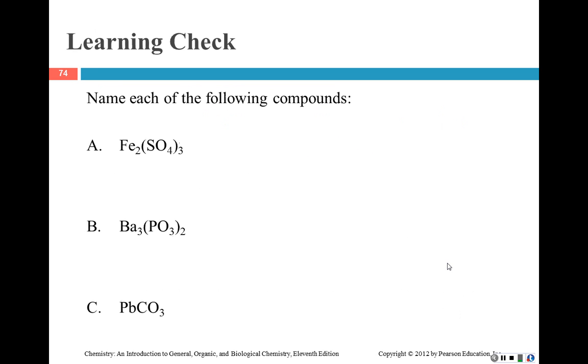All right. So let's name these. Now, these have the transition metals. So when we name these this time from the formula, we're going to have to tell it what the charge is. You can't always go by this number. You've got to figure out what the charge balance is before you name it. Now, we know it's going to be iron something sulfate, right?